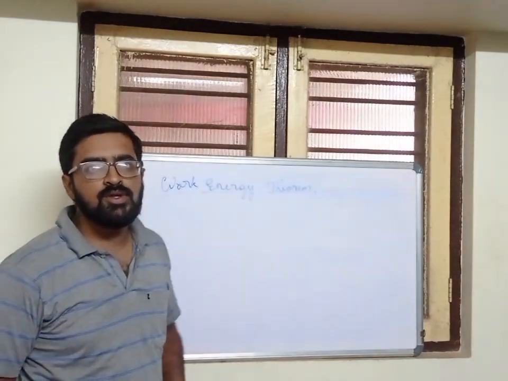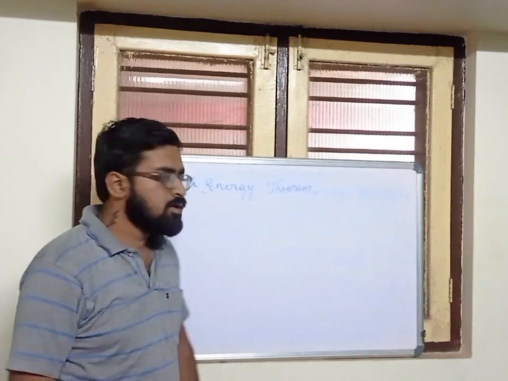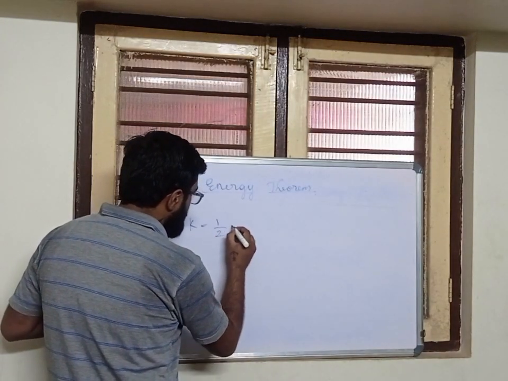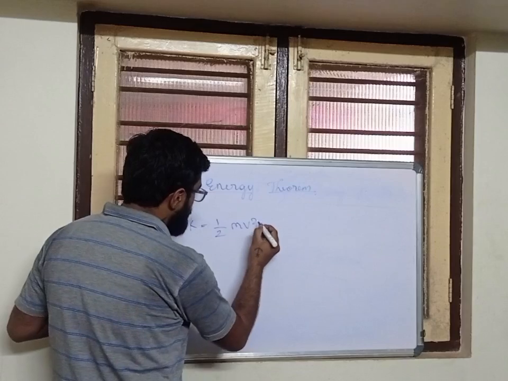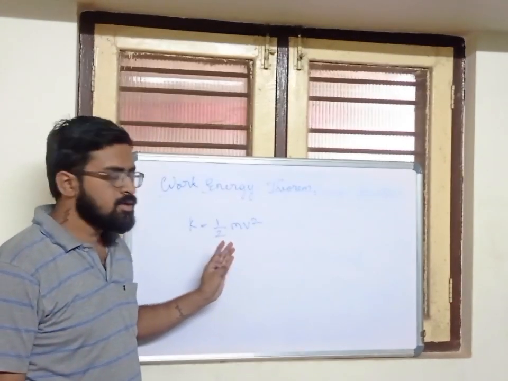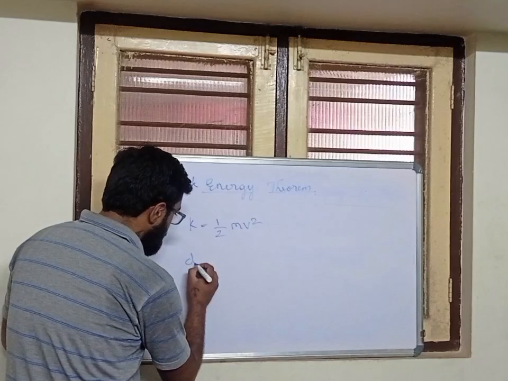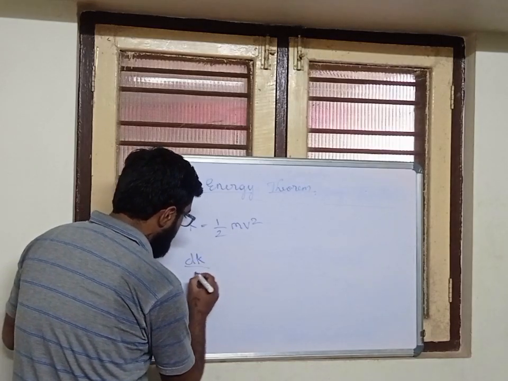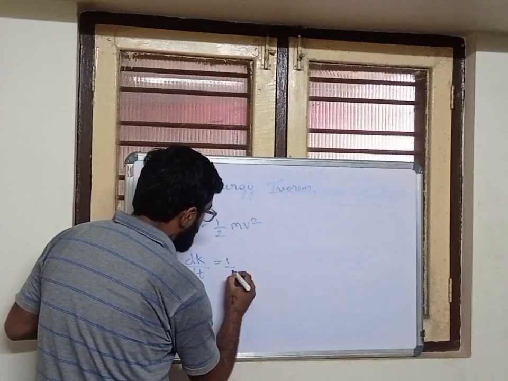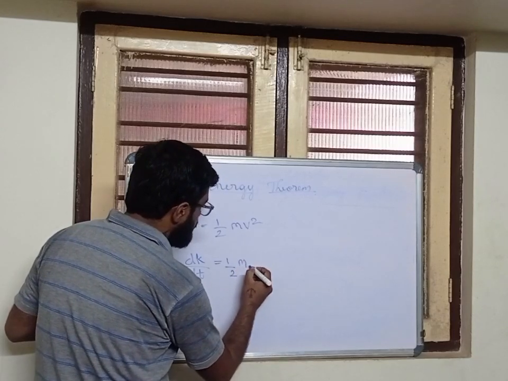Consider the equation of kinetic energy. K is equal to half m v square. If we differentiate this with respect to t, we get dK by dt equals half m. M is constant.